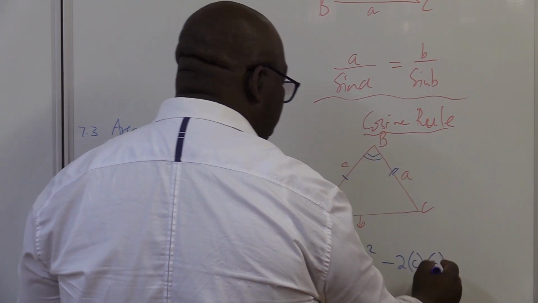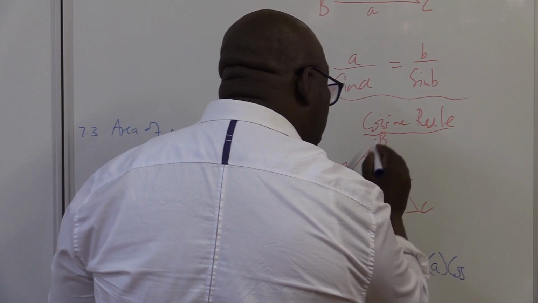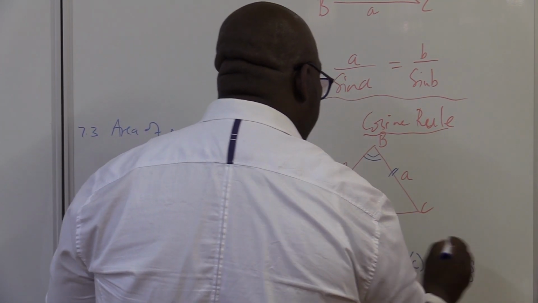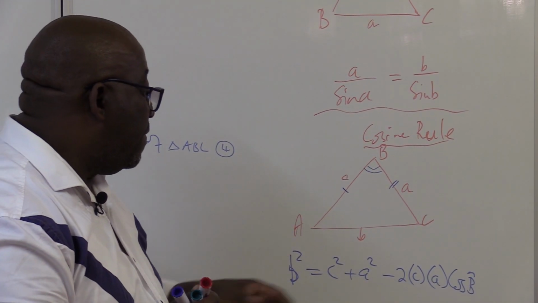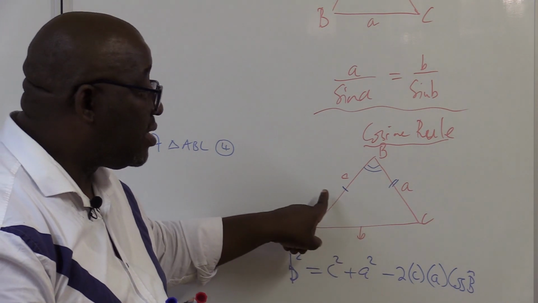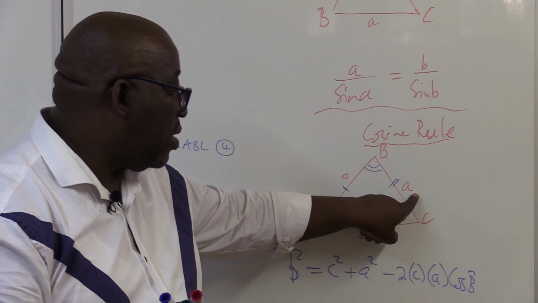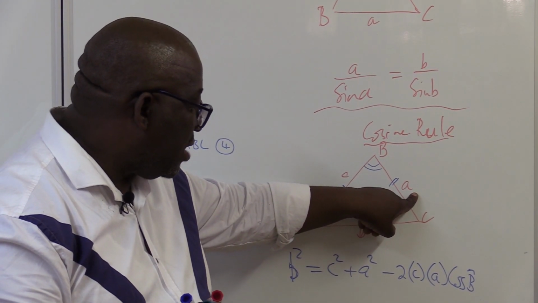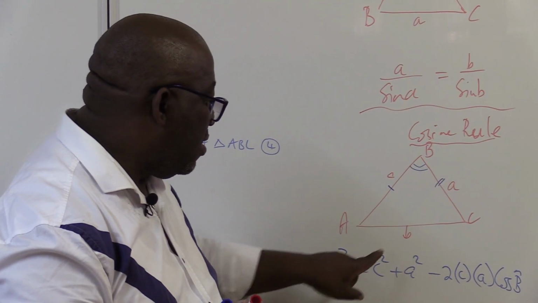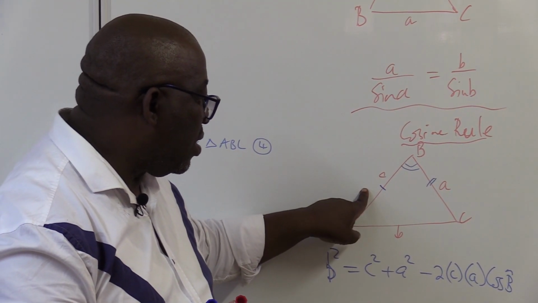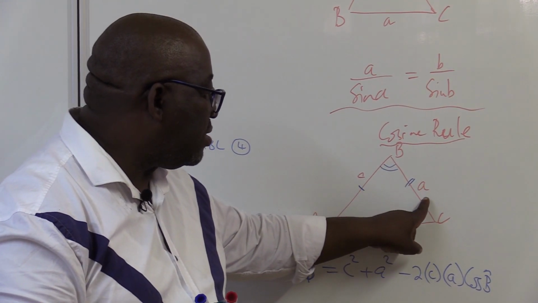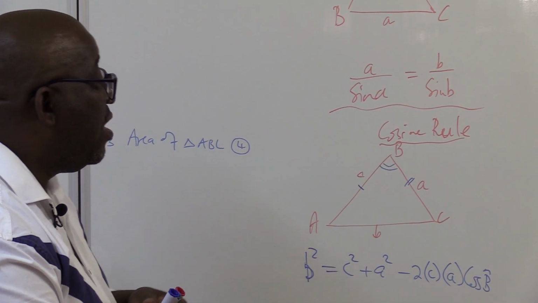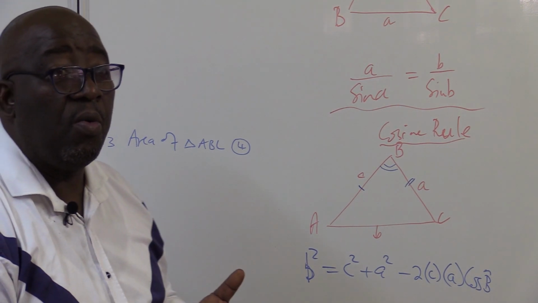Because we're talking about the cosine rule, it will be the cos of the included angle, in this case B. This is what the cosine rule is saying. I repeat, this side squared is equal to this side squared plus that side squared minus 2 of this side times this side times cosine of the included angle. That's how the cosine rule works.